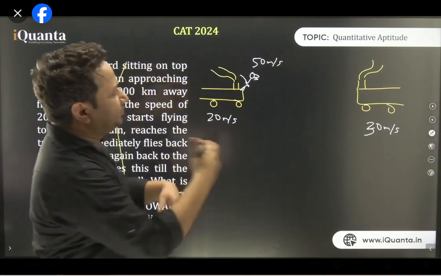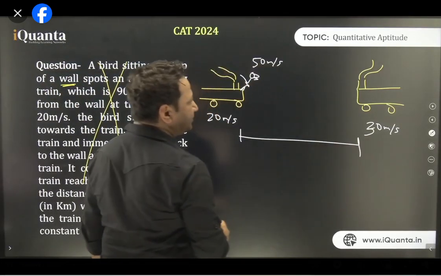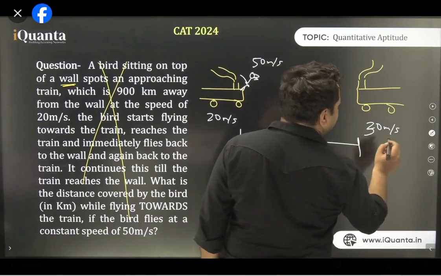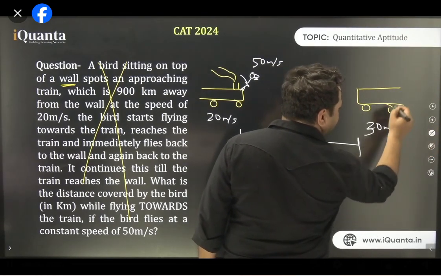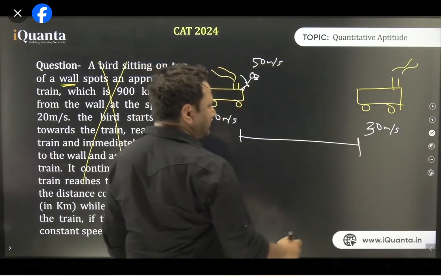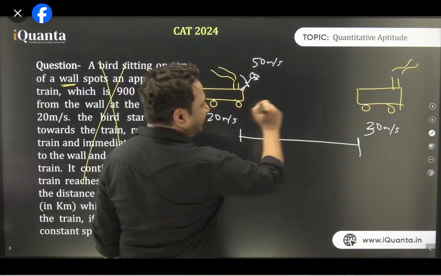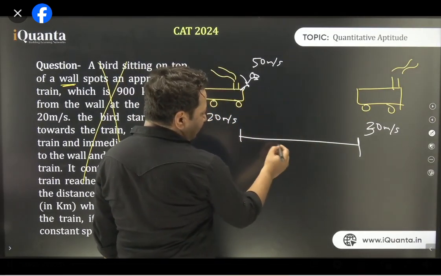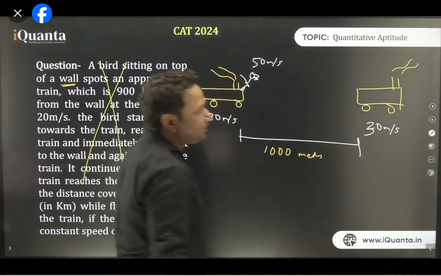The bird is doing the same thing, and these trains are moving in the same direction, and the bird goes here and then comes back. It keeps on doing this, and the trains are, let's say, 1,000 meters apart.